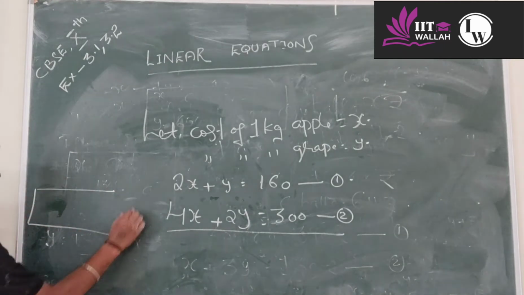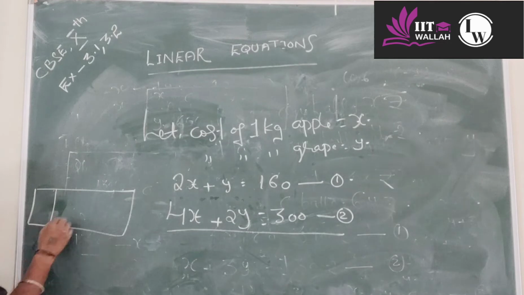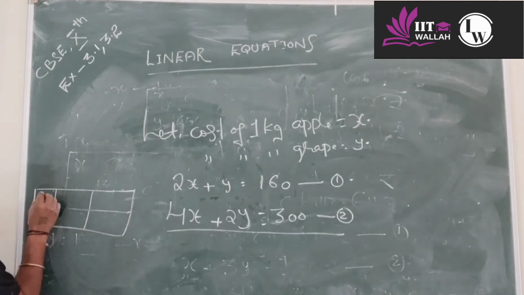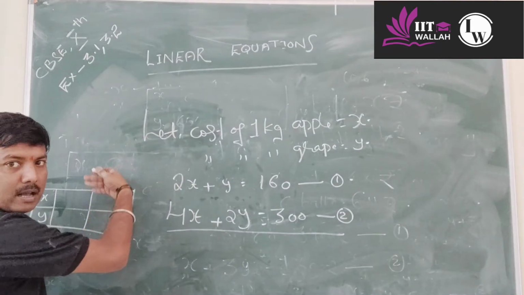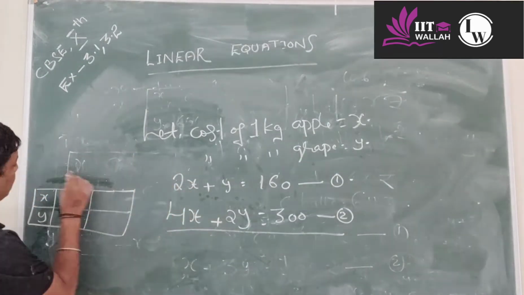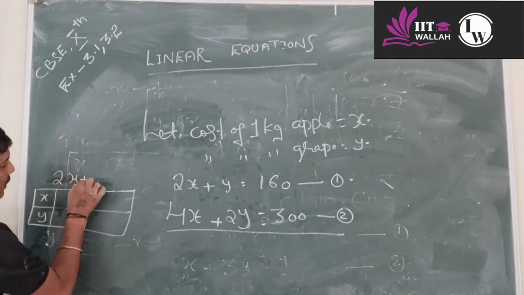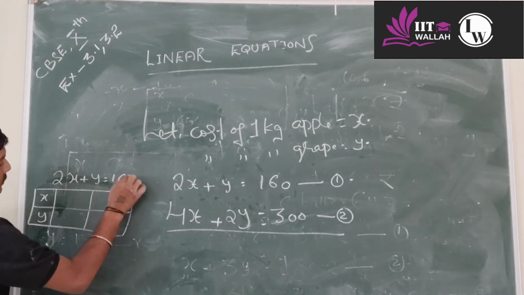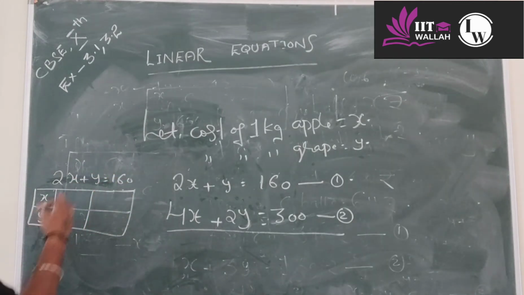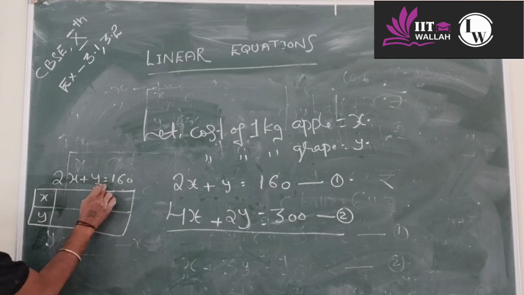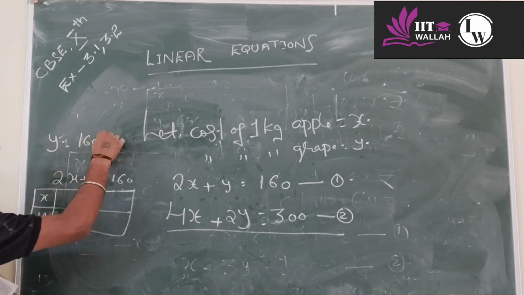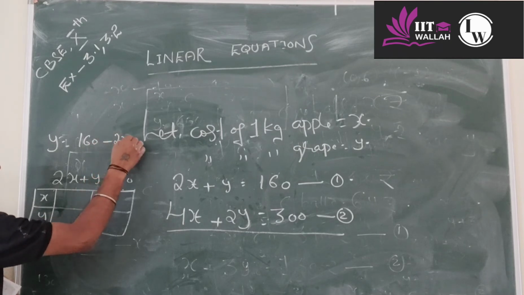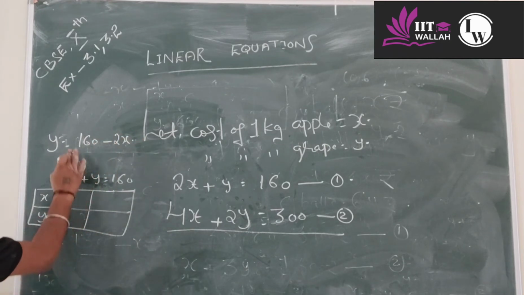So from this, you draw a box with x, y, and above the box, you write the equation 2x plus y is equal to 160. Okay, so from this y will be 160 minus 2x, right?